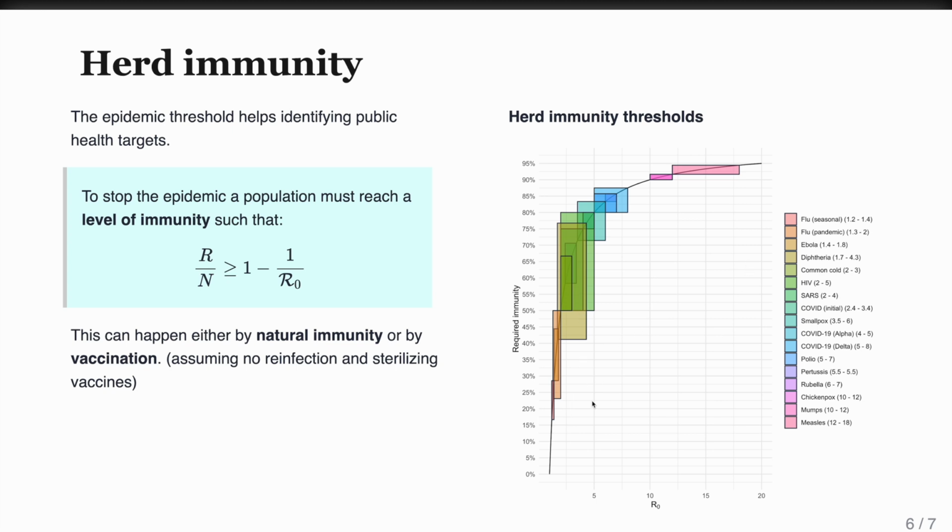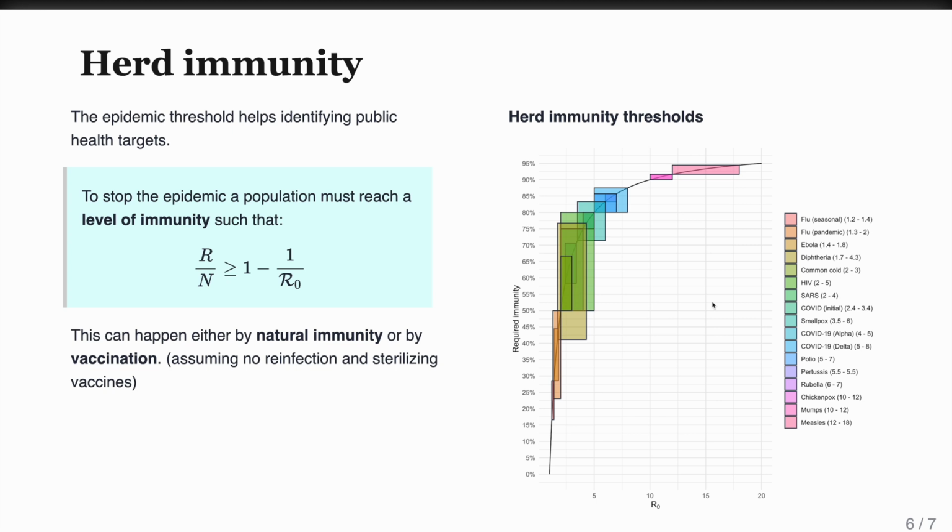In the middle, instead, still close to the lower end of the required immunity, we have very deadly diseases, like Ebola, diphtheria, SARS. This tells us that a pathogen that is very deadly usually has also a smaller R0, because the duration of the disease is shorter, because people die before being able to infect too many other individuals.